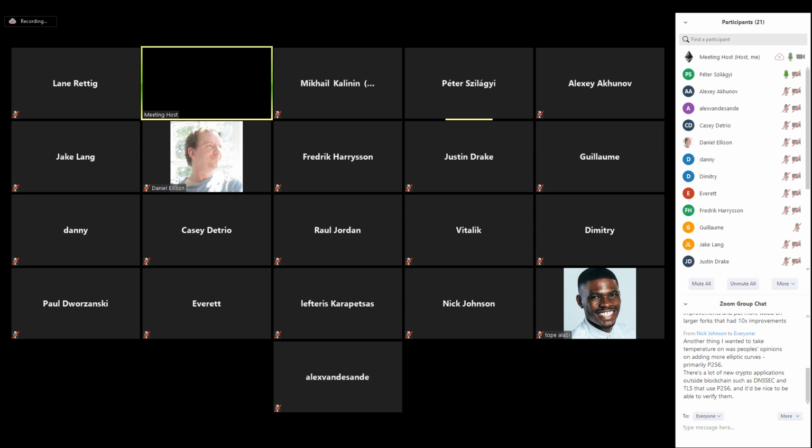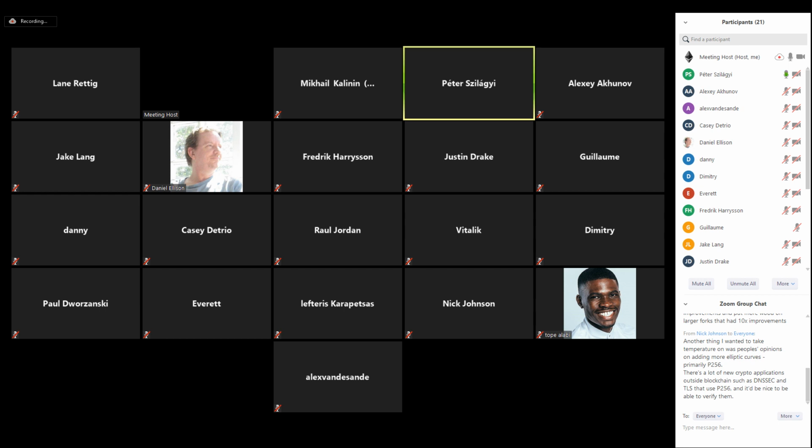Okay. Peter, did you have a comment? Just a minor thing that I noticed while we did the BN256 optimizations a few months back: for BN256 we have multiple precompiles, and any actual ZK-SNARK verification will use multiple invocations of the same precompiles.